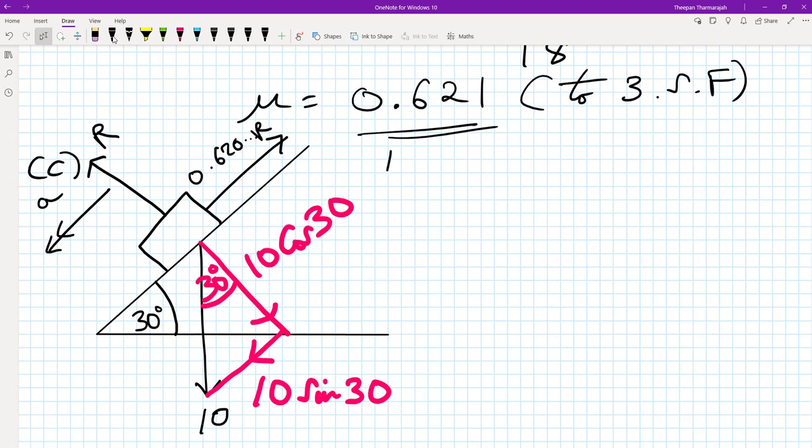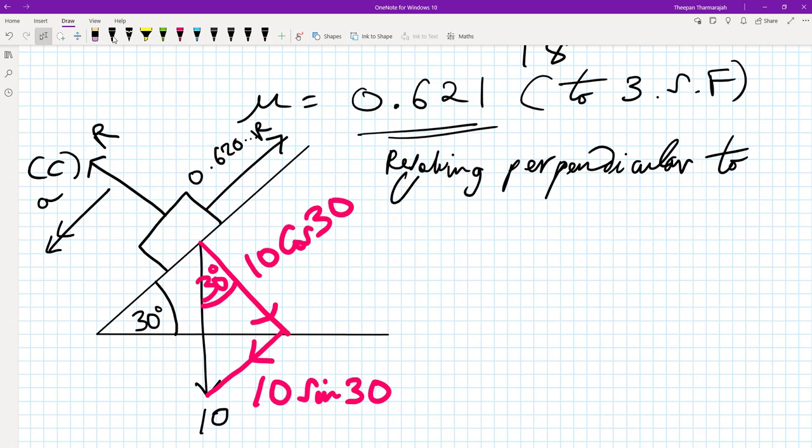So we can say resolving perpendicular to the plane. We're going to get R minus 10 cos 30 equals 0.